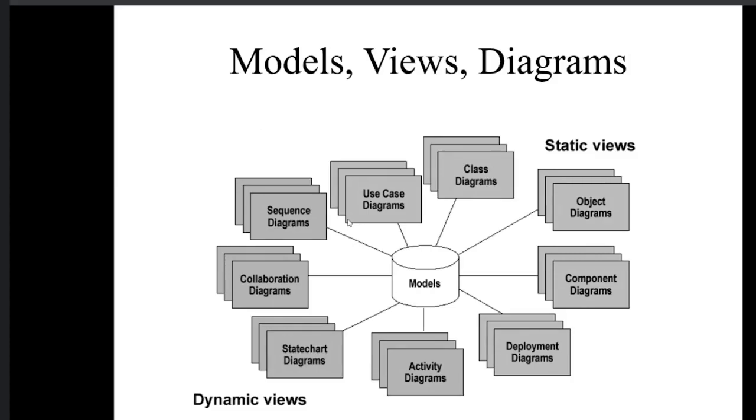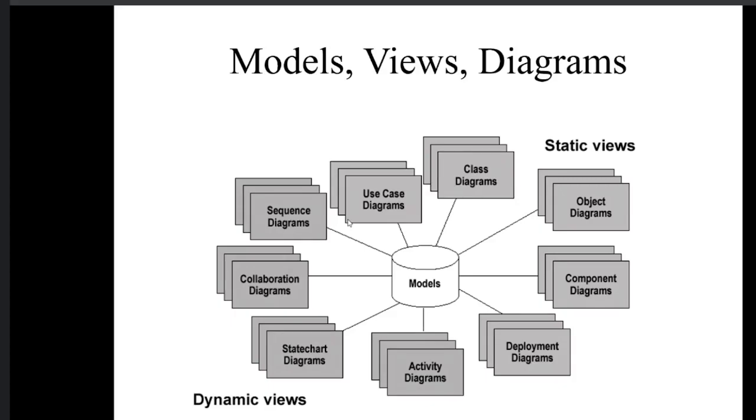Here we are able to see certain views of the same model. You will have class diagrams, object diagrams, and these different things. Some of these diagrams will be considered static views, and some will be considered dynamic views. Class diagram, use case diagram, component diagram, and object diagram as well, we consider as static.